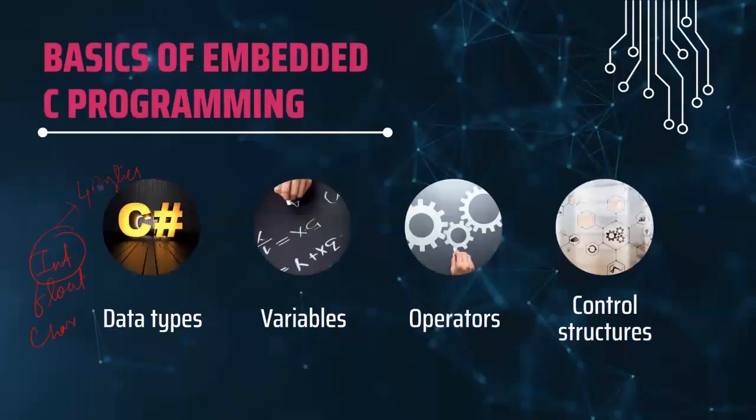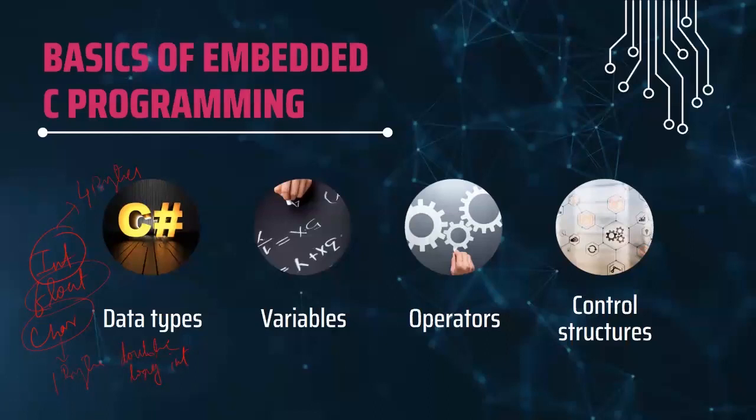So integer takes 4 bytes, and character takes 1 byte. Then we have double, long integer, and short integer. So there are various different data types.